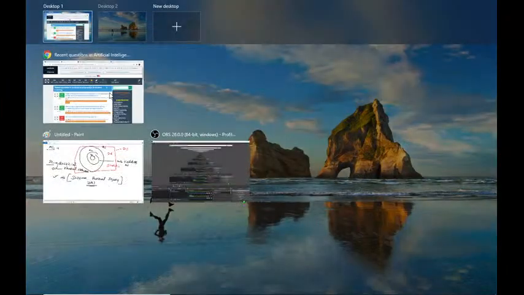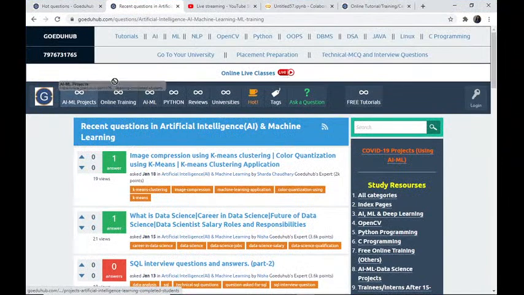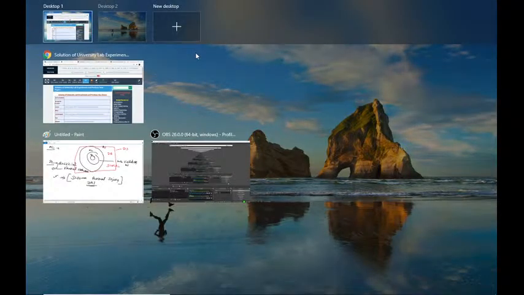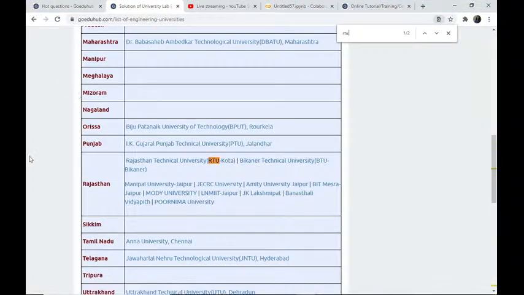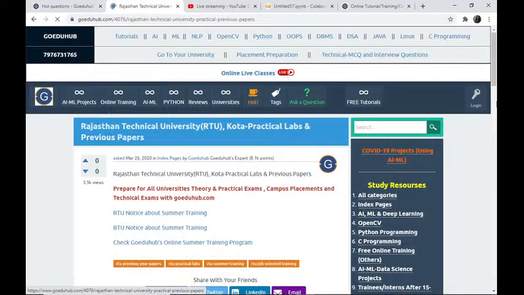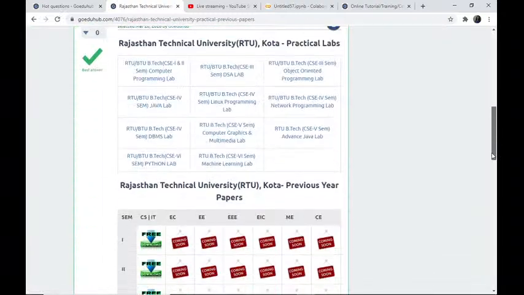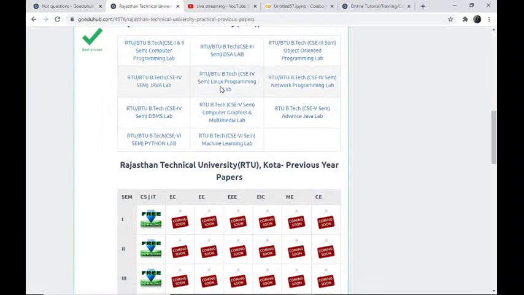Okay, and even yesterday I told you, there is a menu on the website. Go to your university, click over here, you can pick your university, and we have all the labs and their solutions. For example, for one university, RTU, Rajasthan Technical University, we have different labs.